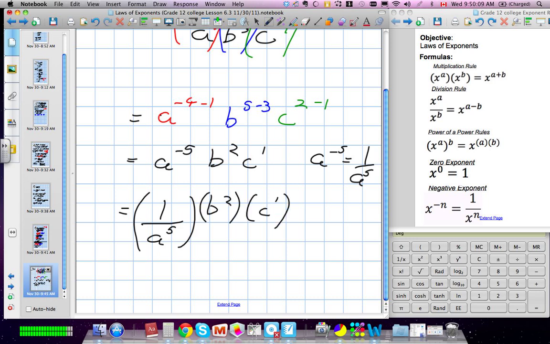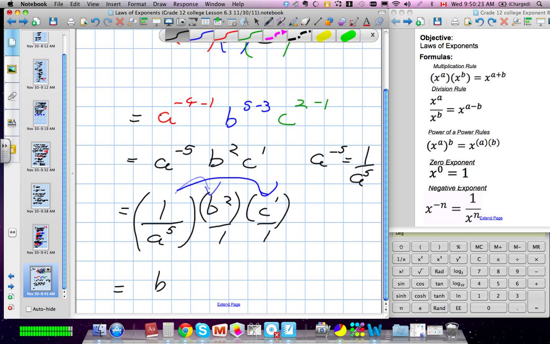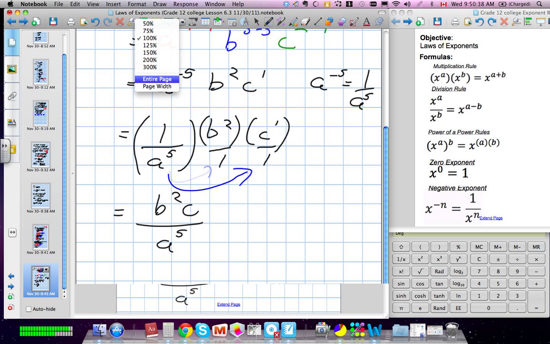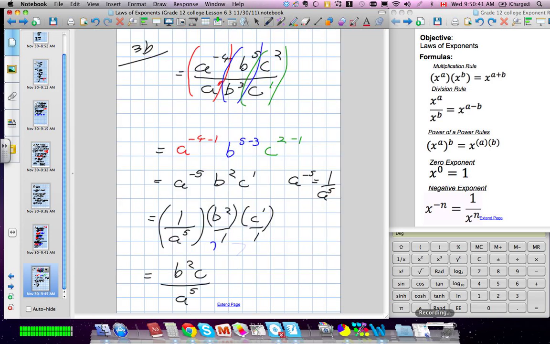And when we multiply fractions, 1 times b squared is b squared, and b squared times c is b squared c. So we'll get b squared times c, over a to the power of 5. Yes. I will want your answers in positive exponents only.